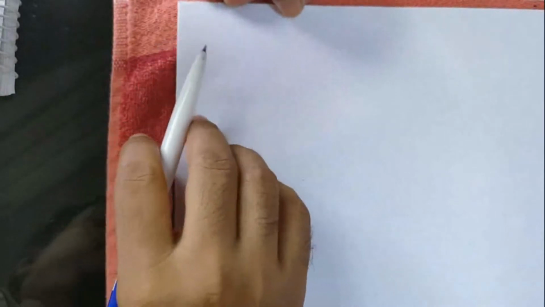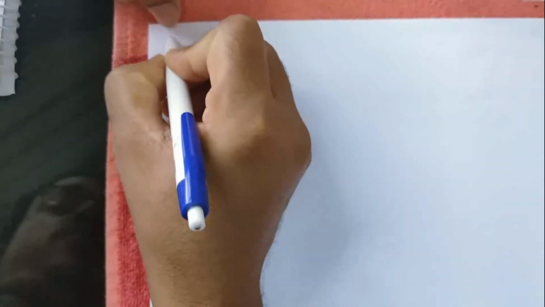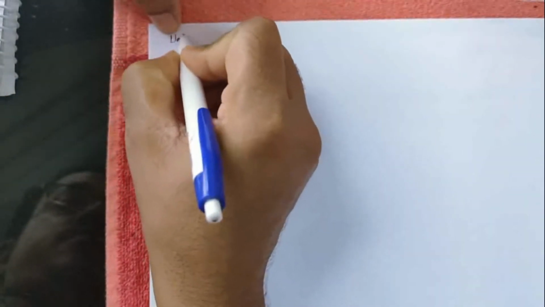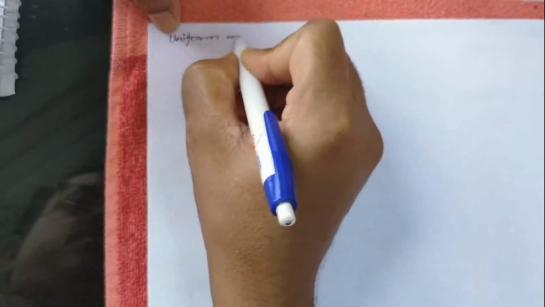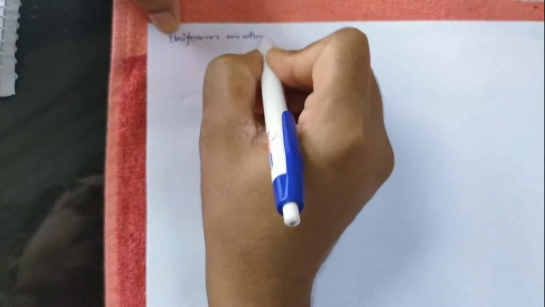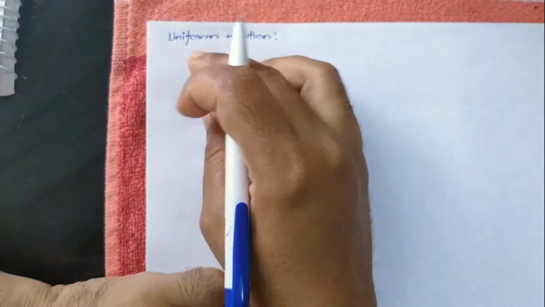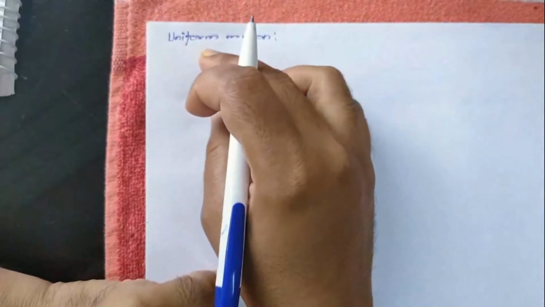So, the first topic which I am going to talk about is uniform motion versus non-uniform. Okay, uniform motion. So let us try to understand what is uniform motion, what we mean by uniform. So see, uniform is purely an English word, so it means something which is constant.